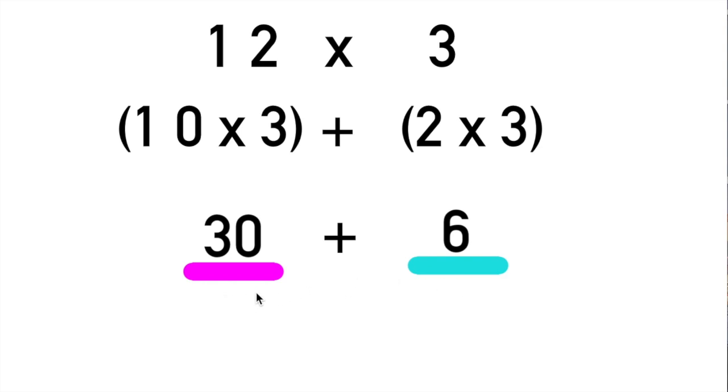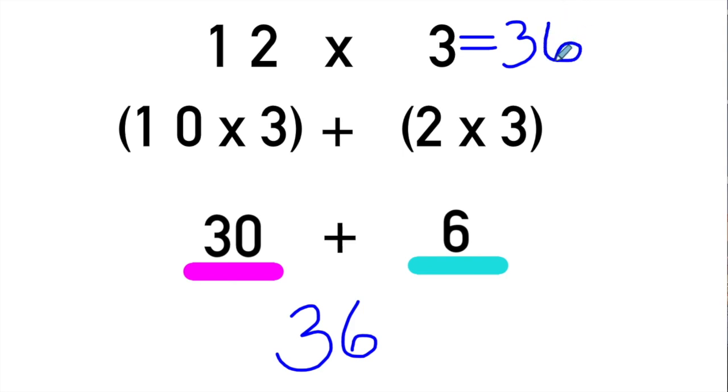So can you now solve 30 plus 6 to get your final answer for 12 times 3? 30 plus 6 becomes, you got it, 36. 12 times 3 equals 36. 12, 24, 36.